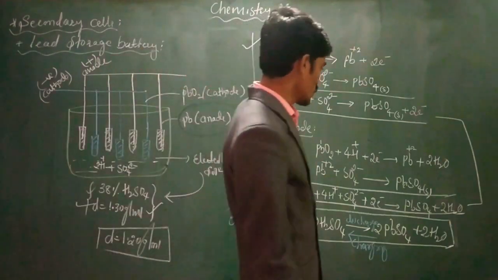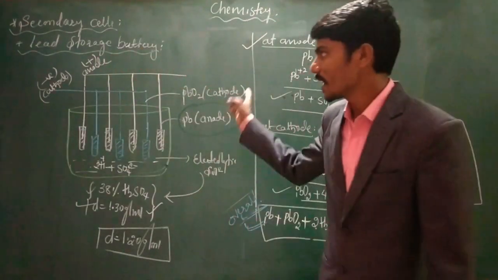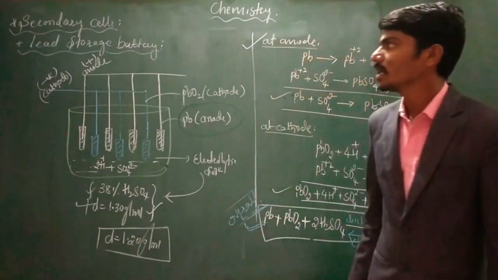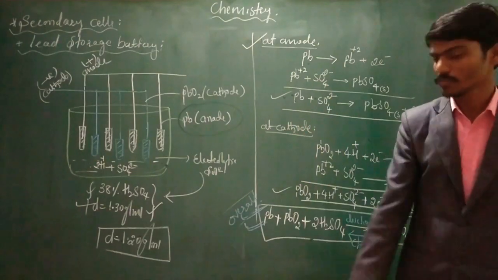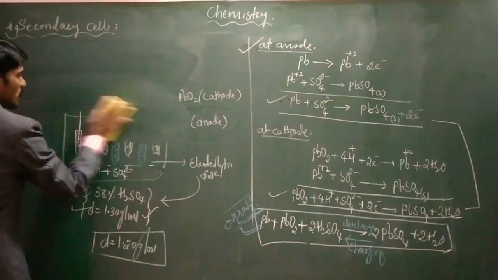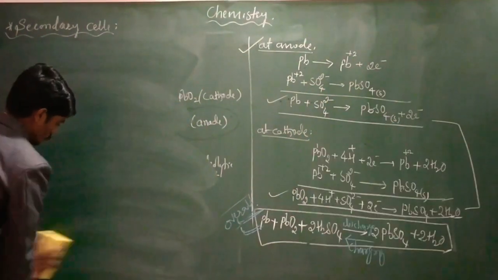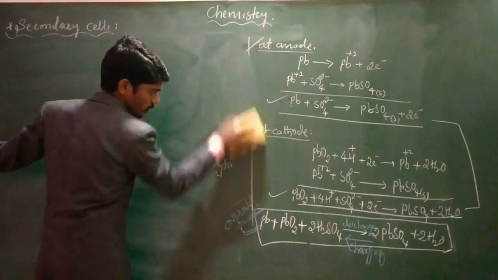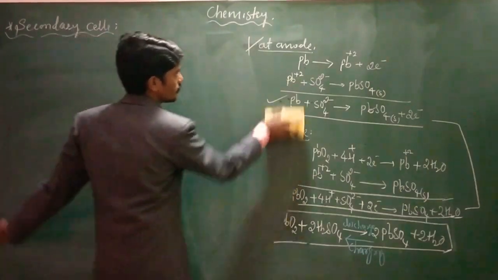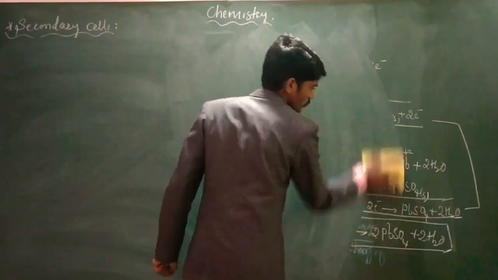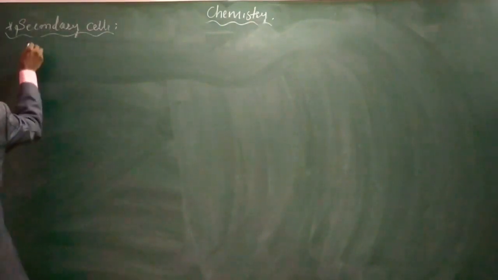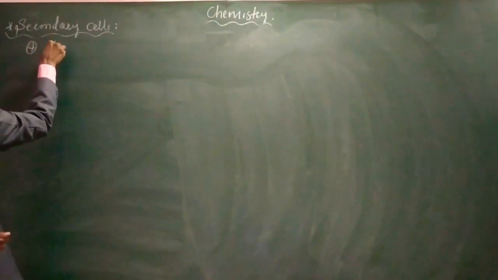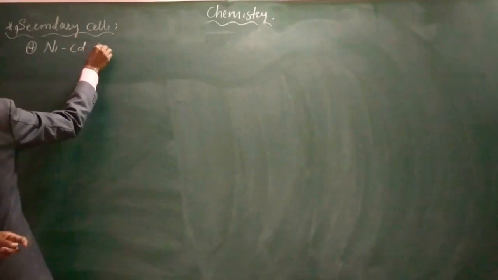These are the reactions which take place in the lead storage batteries. Note these reactions. After this we'll continue with the next one, nickel cadmium storage battery. Please note this one. The last one is nickel cadmium battery. Nickel cadmium cell.